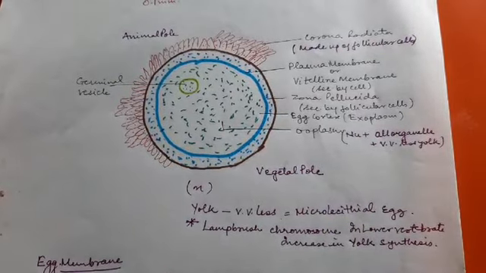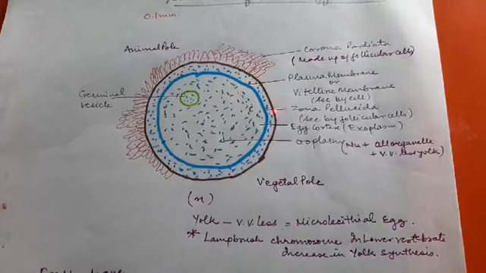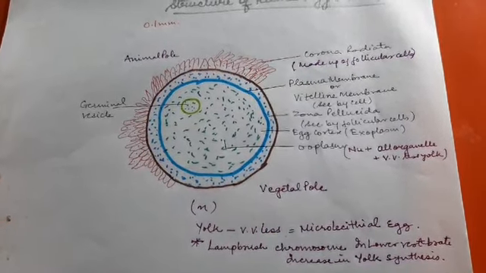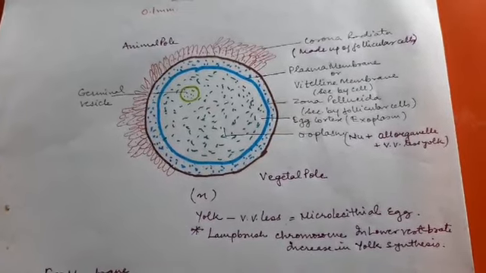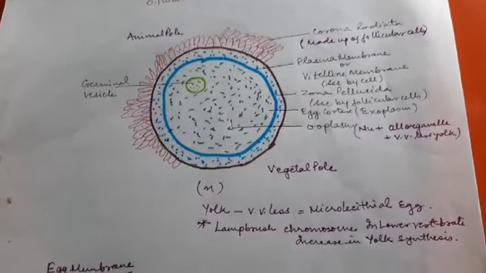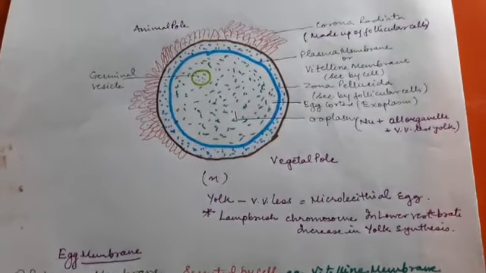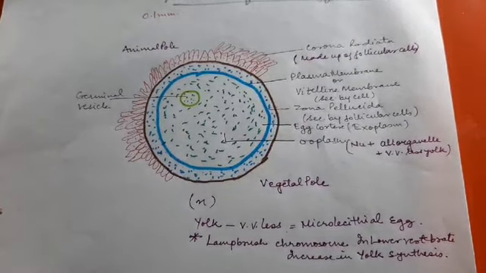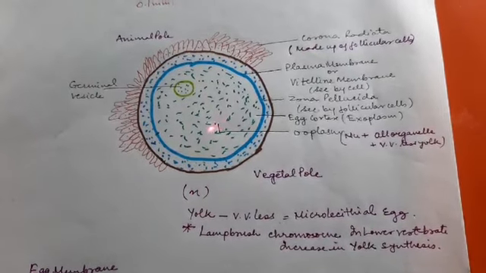The cytoplasm is divided into two parts. The outer part is called the egg cortex and it is less dense, and we can also call it exoplasm, whereas the inner one, where most of the organelles are, the cytoplasm and the nucleus is also there, that inner part is called ooplasm.